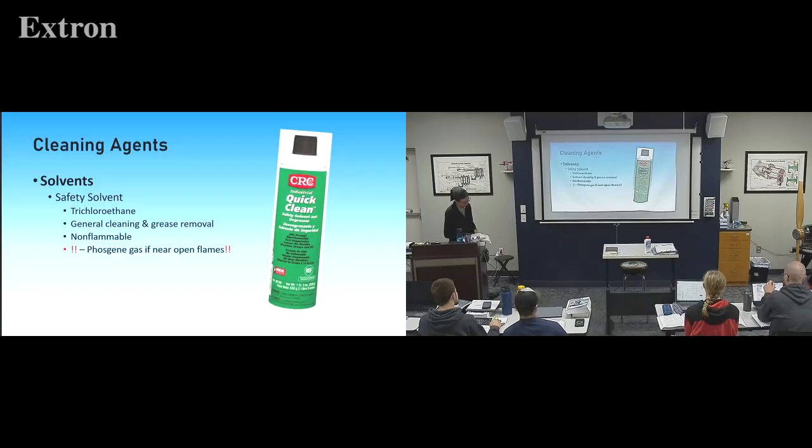It's made from trichloroethane, and it's made for general cleaning and grease removal. It is non-flammable. However, if you get it near open flames, which you should never have around an aircraft, it will produce phosgene gas.